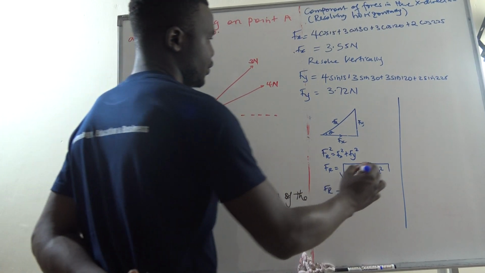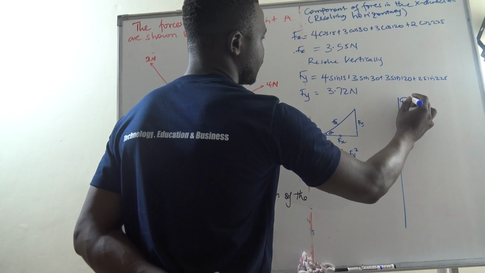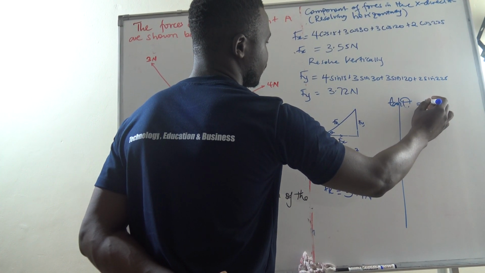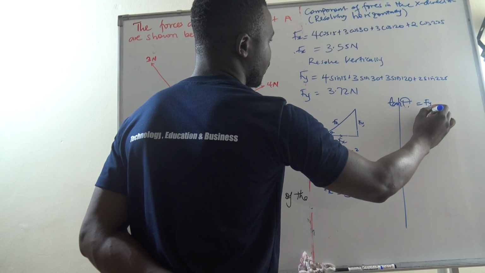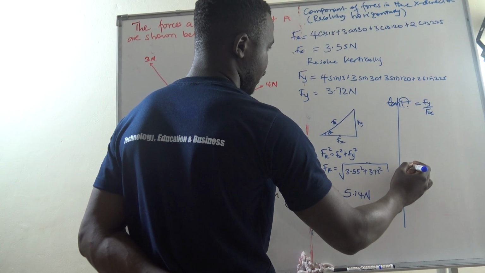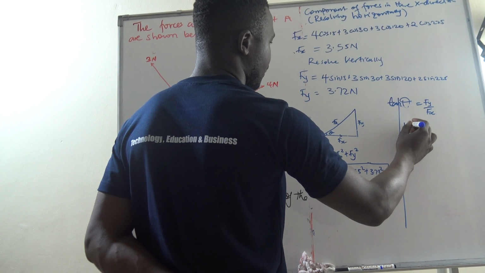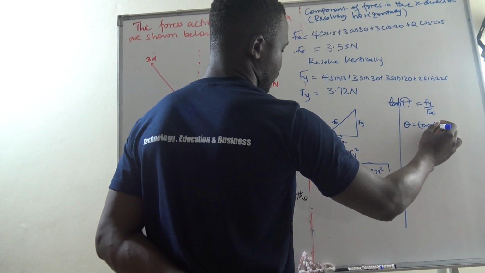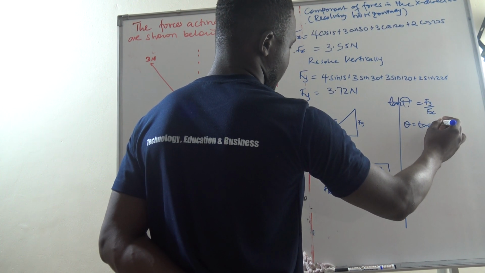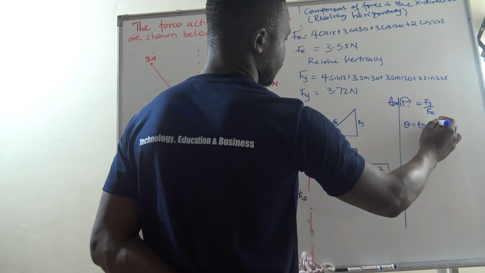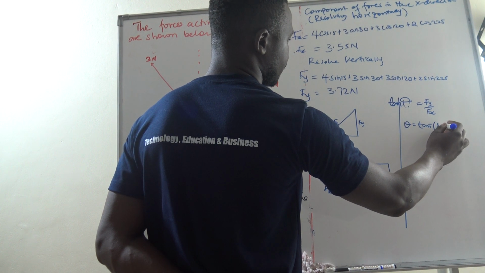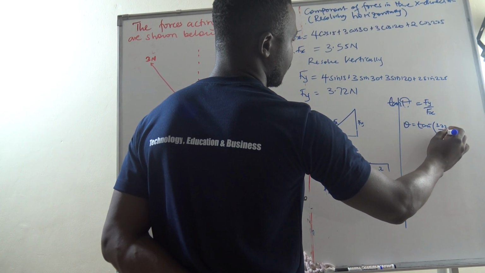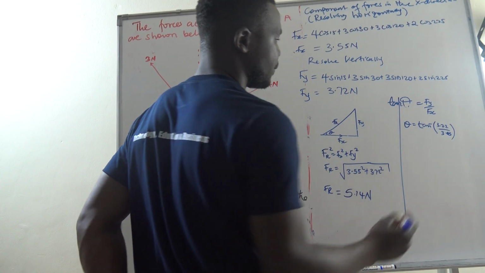But they asked for the direction. So the direction, we say it is calculated from tan theta. Tan theta is equal to Fy out of Fx. Therefore, our theta is the tan inverse of Fy, which is 3.72 out of 3.55.